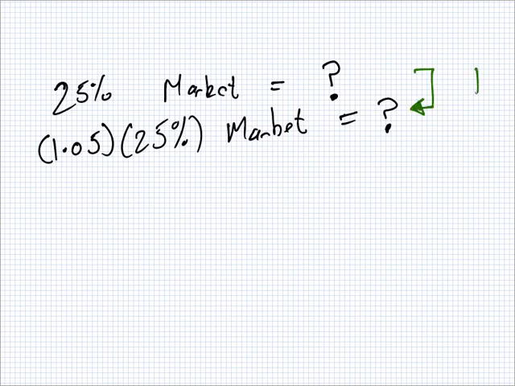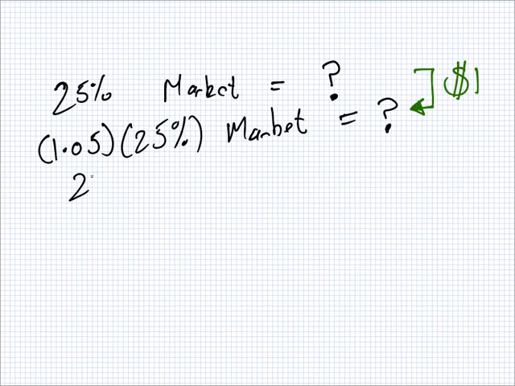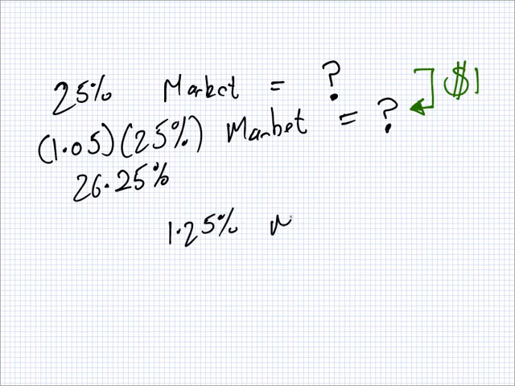I think it was $1 billion. Yeah? So what is this here? 26.25? 25, yeah? So if you look at how it's changed, you can see that 1.25% of the market equals 1 billion.